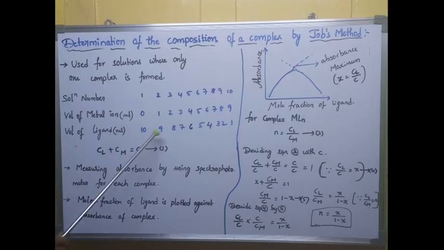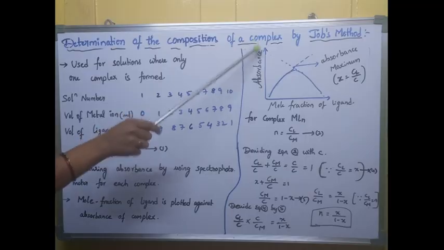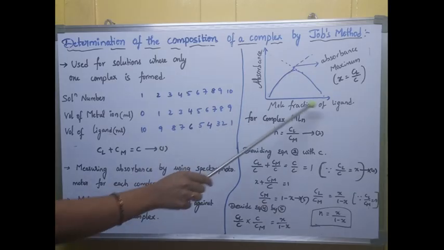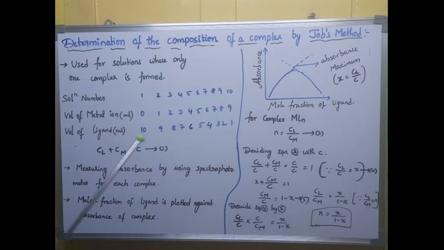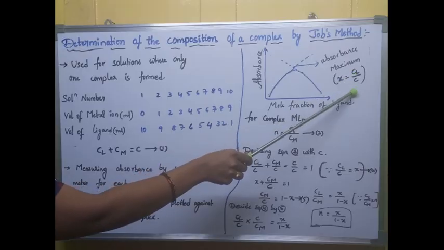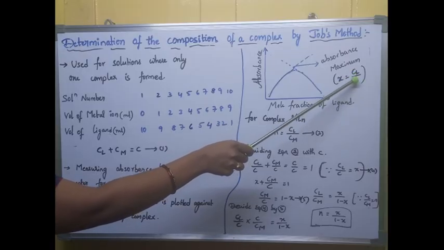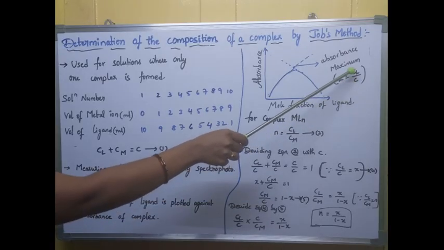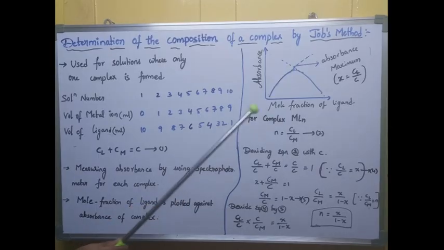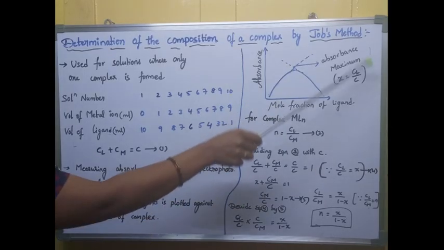For each sample, I'll measure the absorbance value and plot it on the y-axis. Next, I'll take the mole fraction of the ligand on the x-axis. Mole fraction, as we already know, is the concentration of the ligand divided by the total concentration of particles present in that container. That is the mole fraction.